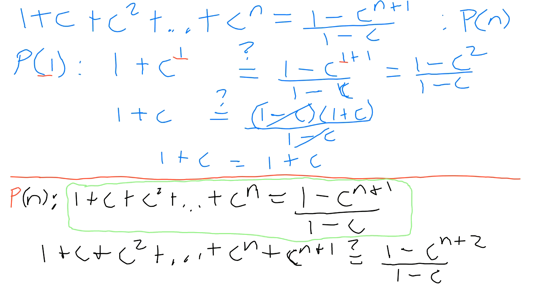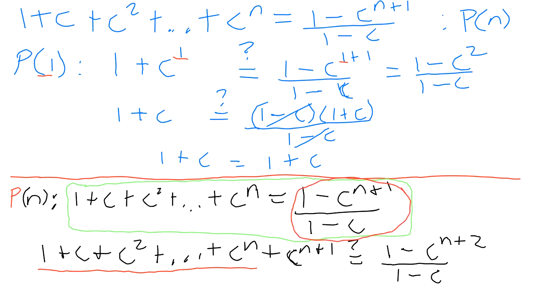So I'm going to build on that second part. That bottom part right there, I'm going to use that circled part in what we wrote below it. So I'm going to replace this part right here now. Let me underline it. I'm going to show you what I'm going to replace. I'm going to replace this portion right here with this thing that we have assumed is equal to right here.